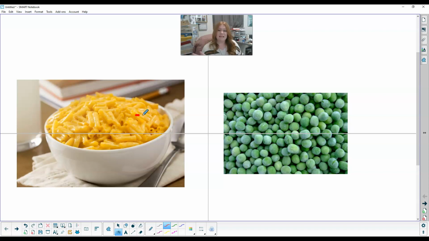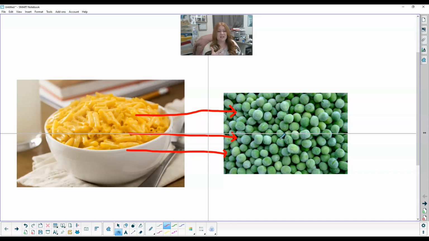So what is happening is the hot mac and cheese is giving its energy to the frozen peas. And while it's giving its energy away, that means that they're slowing down and they're cooling down. So now while these peas were frozen, they're receiving energy. They're getting energy from the hot mac and cheese.